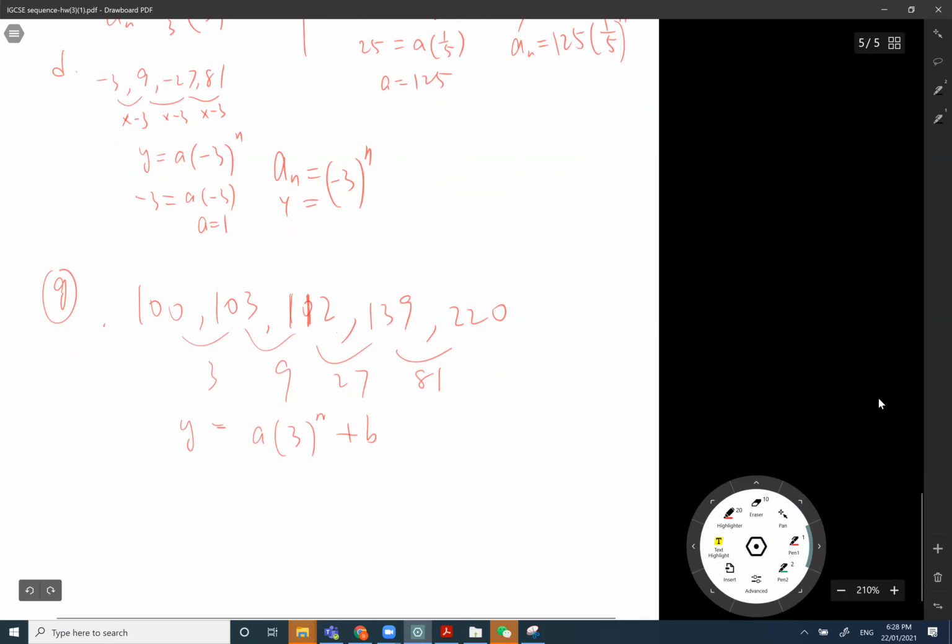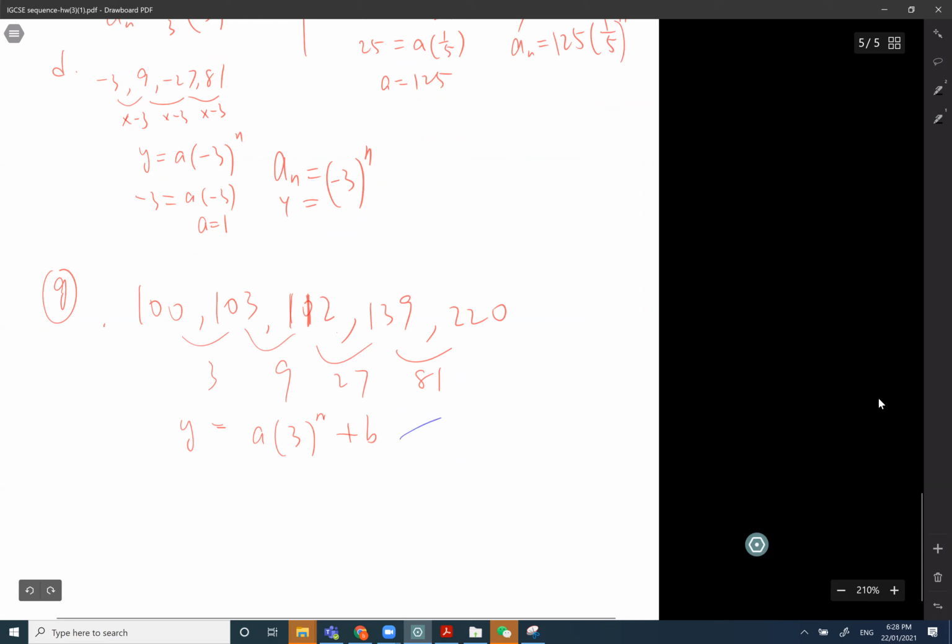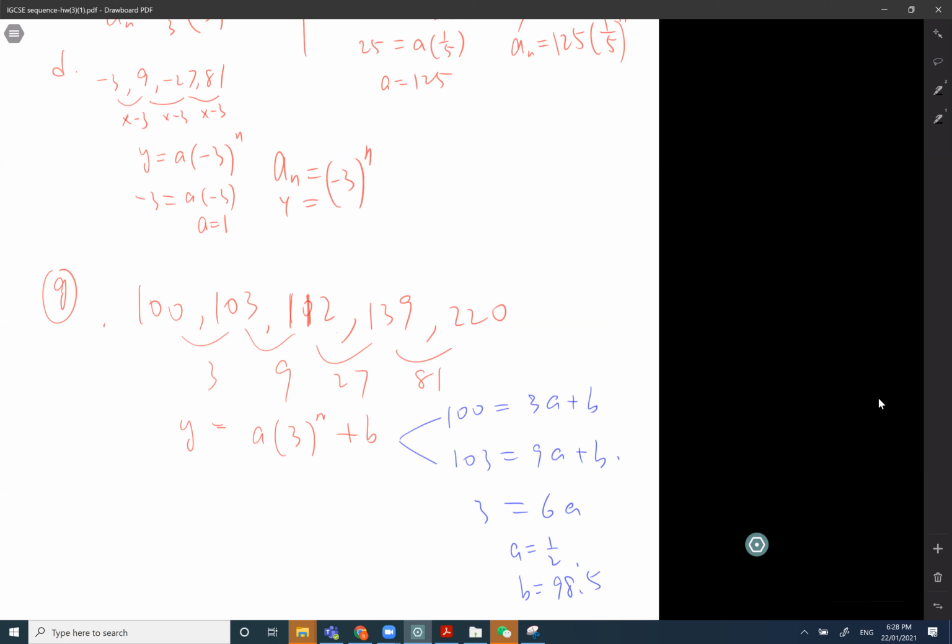If n equals 1, we got 100 equals 3a plus b. N equals 2, 103 equals 9a plus b. Minus them, 3 equals 6a, a equals half. B equals 98.5. So, formula, half times 3 to the power n plus 98 and half.